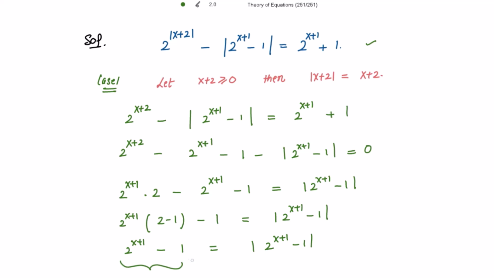Now this factor is equal to the mod of itself. That is the result that if |x| is equal to x, then x is greater than or equal to 0. So for this we write 2^(x+1) − 1 ≥ 0.